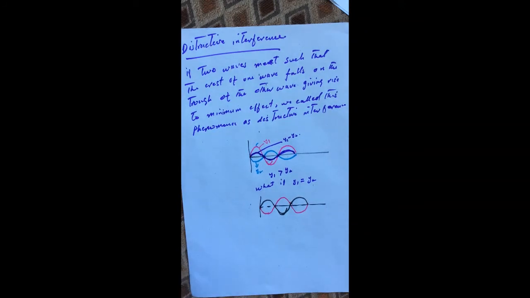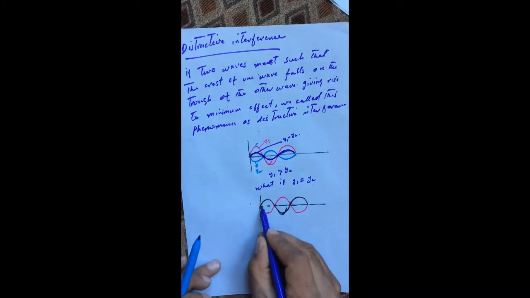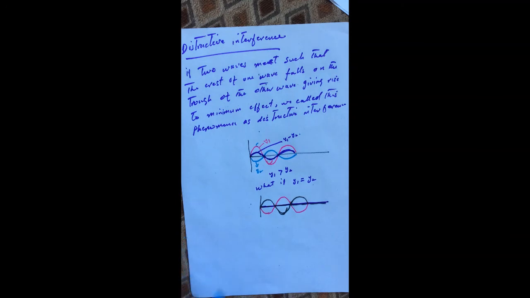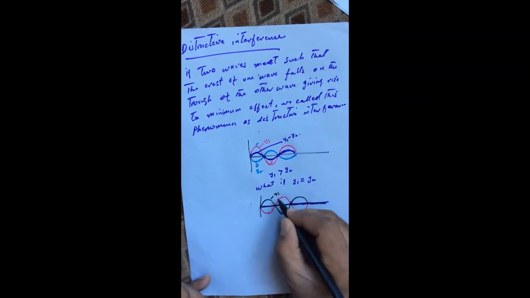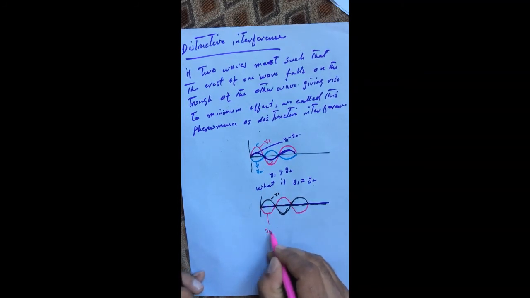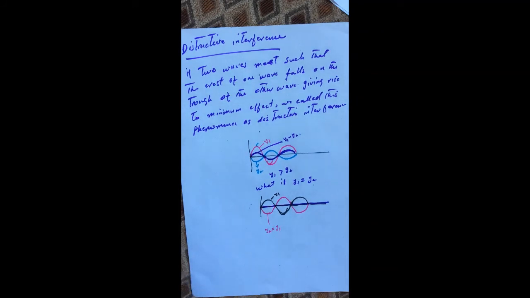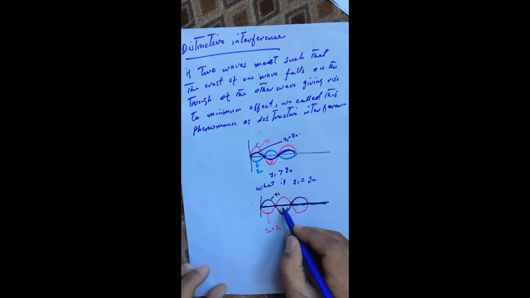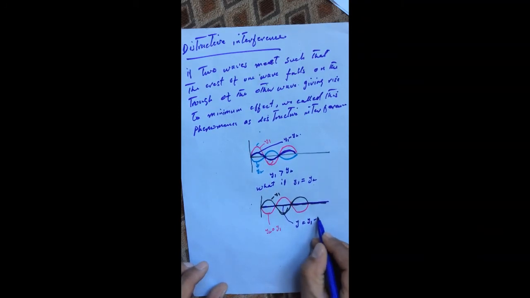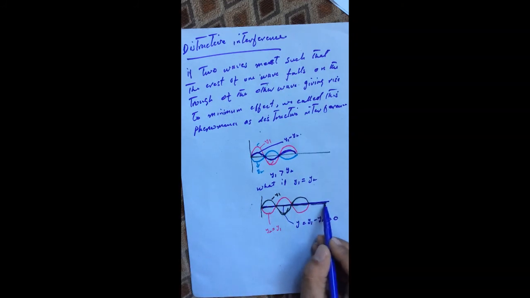The resultant wave will be a wave with zero amplitude. This is y1, its amplitude is y1, and here its amplitude is y2, which is equal to y1. So the resultant wave has an amplitude y, which is equal to y1 minus y2, which is equal to 0. So this will look like a straight line. So this is also called destructive interference.